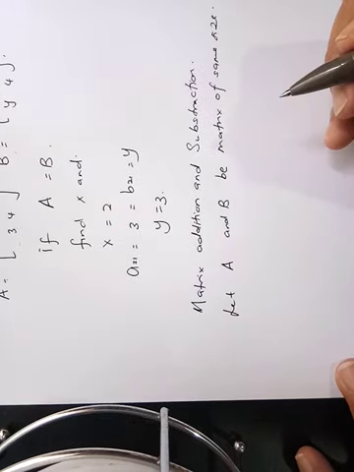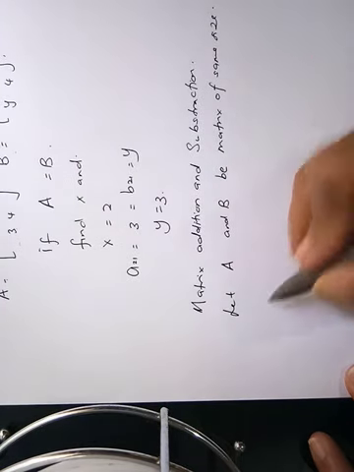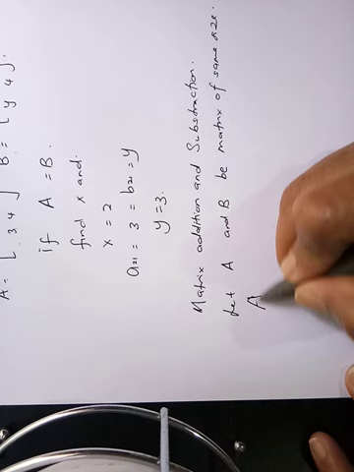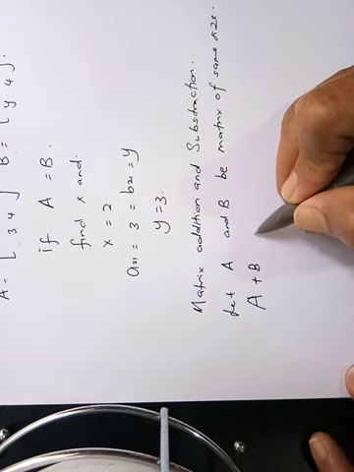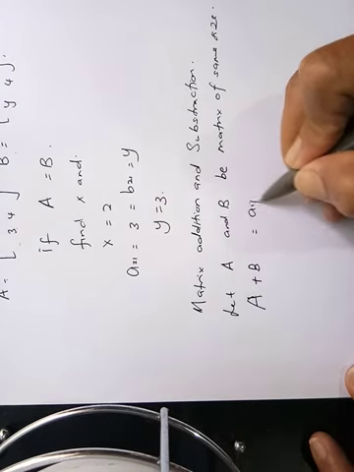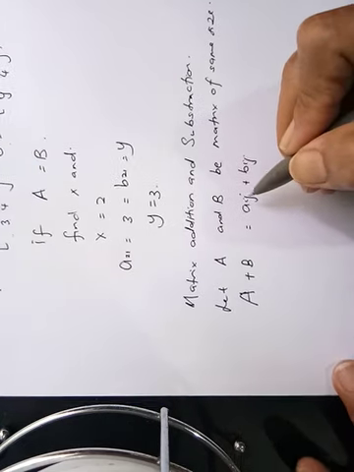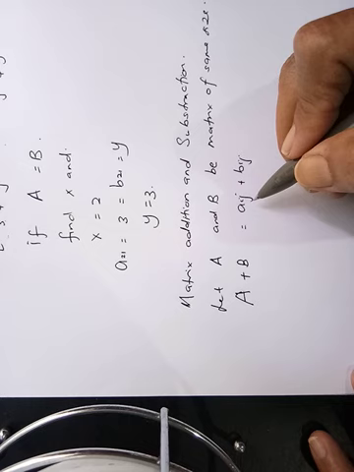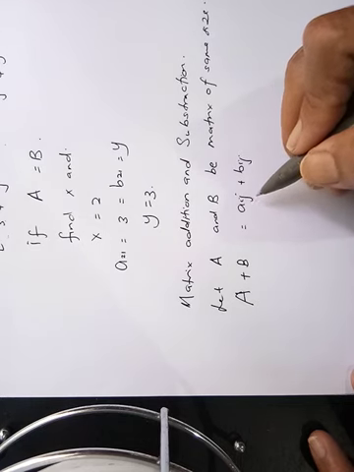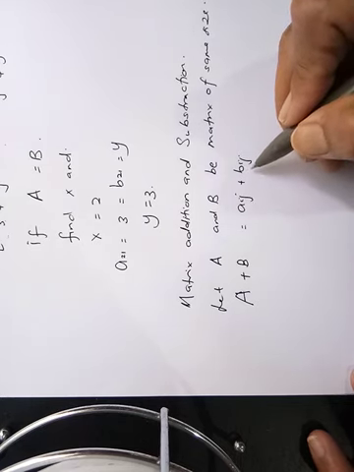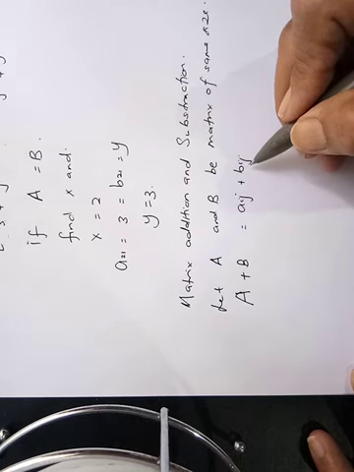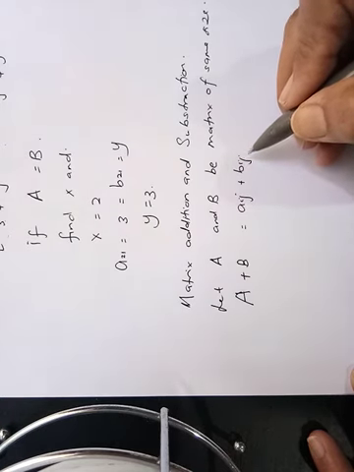So A plus B is equal Aij plus Bij. Means the corresponding element in row i and column j plus the corresponding element in row i and column j in matrix B.